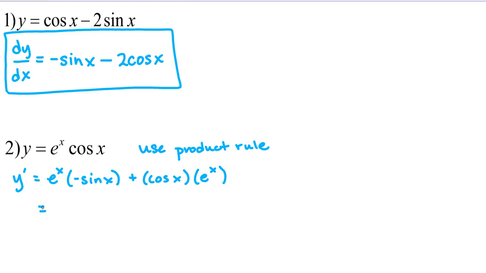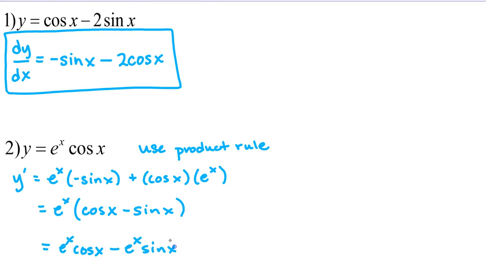Well, you have some options. If you want to, you can factor e to the x out of both terms. And then when I write the rest, I'm just going to rearrange the order. So cosine x minus sine x, all times e to the x, that's one way. Or if you don't want to factor out the e to the x, you don't have to. You could write just e to the x cosine x minus e to the x sine x. That would be another good way to write your answer. Either one is good.